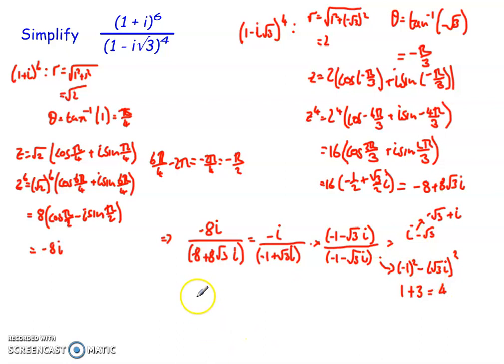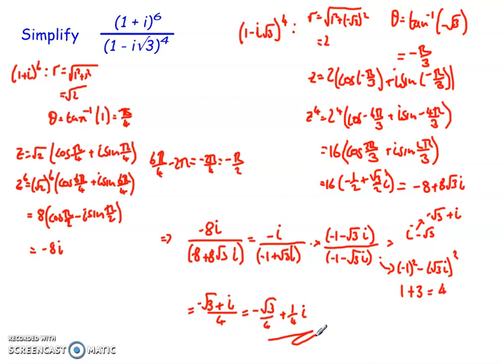If I stick that all together, I get negative root 3 plus i over 4, which I can simplify to negative root 3 over 4 plus a quarter i. So there you go, that's it simplified into the final form that we are after.